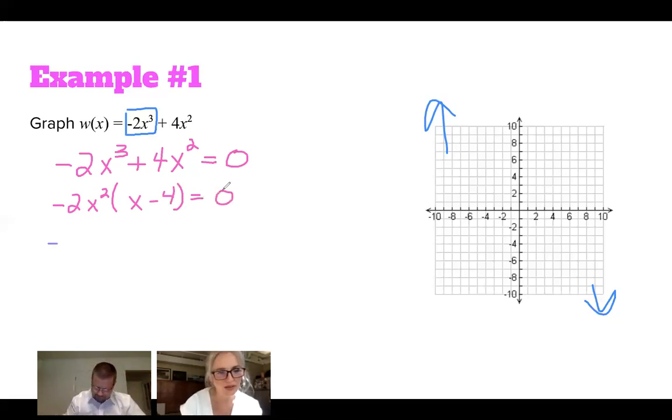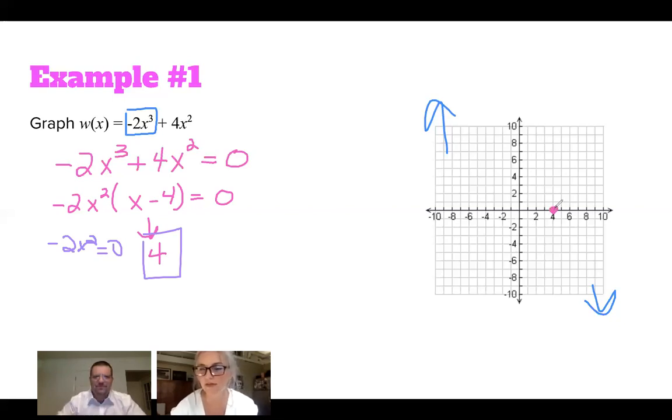So you got -2x squared equals 0. And this is some kind of important to talk about. You got the 4, but I don't see any other zero there. But we have to talk about the -2x squared out front, right? If it didn't have an x in it, I wouldn't care.